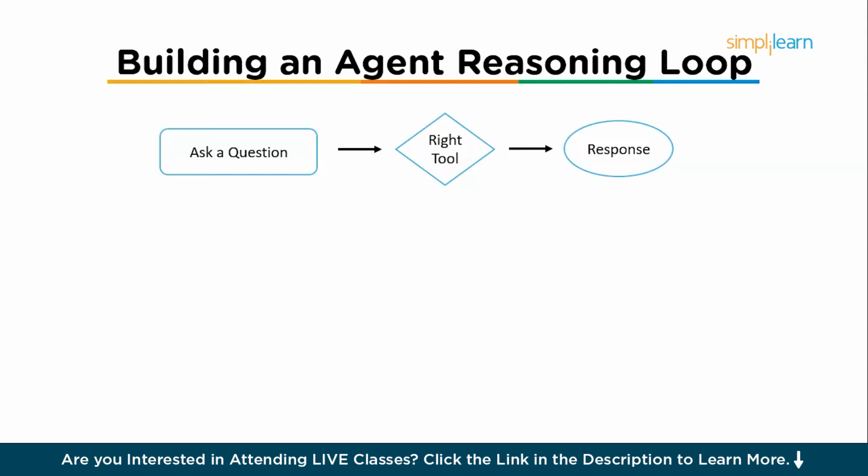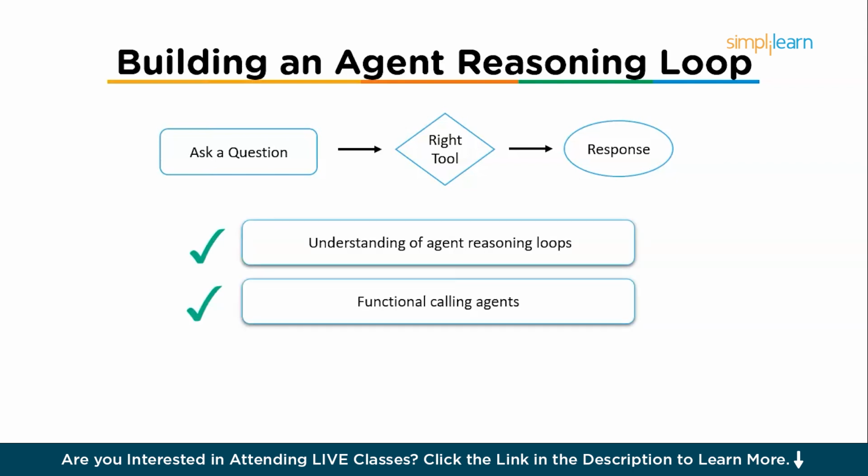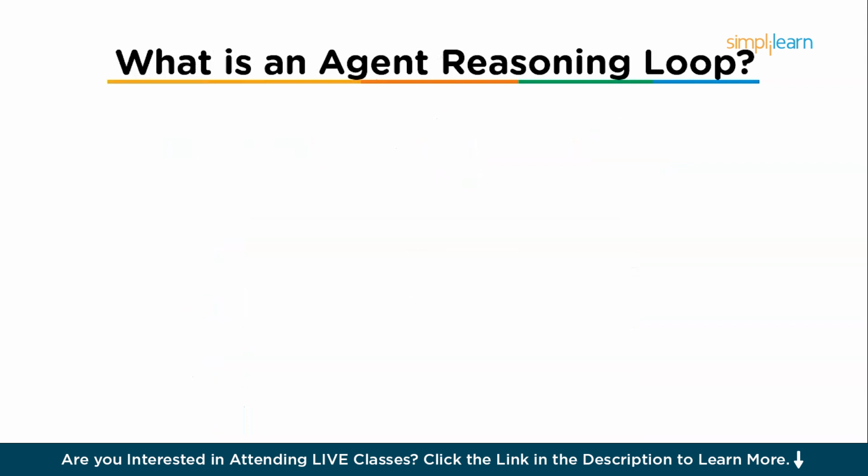To explain this concept more thoroughly, let's break it down into the key subtopics and go into detail for each one. These subtopics will cover understanding agent reasoning loops, function calling agents, handling complex queries, and building intelligent agents.